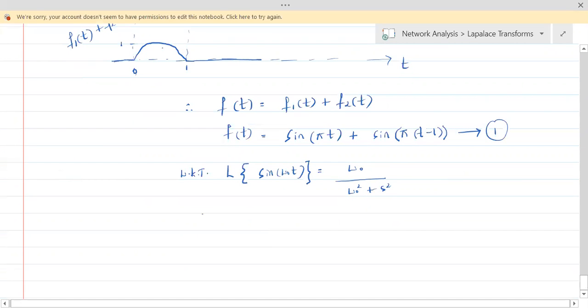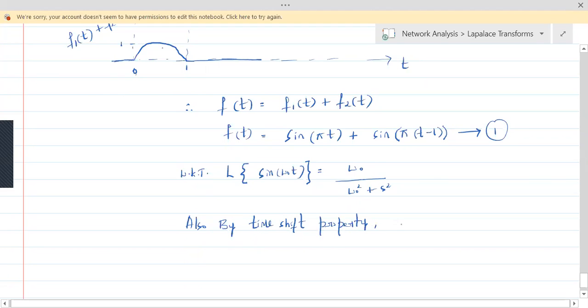And also, by the time shift property, what is known?